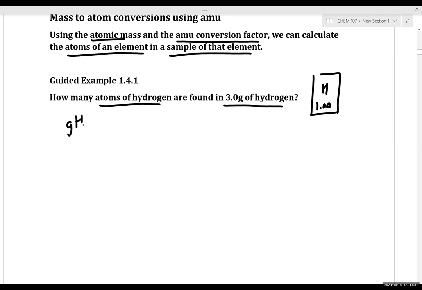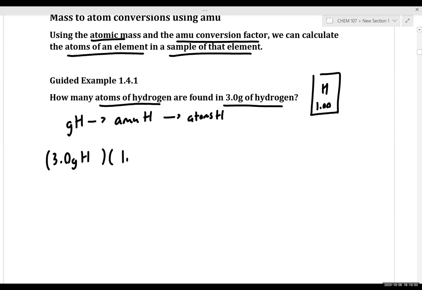We're trying to go from grams of hydrogen to atoms of hydrogen, and our stepping stone to that is going to be AMUs, because we have a direct relationship between AMUs of hydrogen and atoms of hydrogen through our atomic mass.